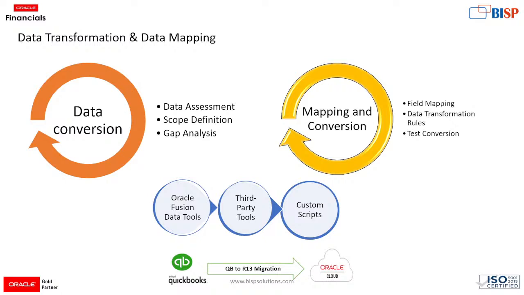This will help to ensure that the data is accurately and efficiently migrated from QuickBooks to Oracle Fusion. Or you can define any rules of transformation of data from source QuickBooks format to Oracle Fusion requirements.